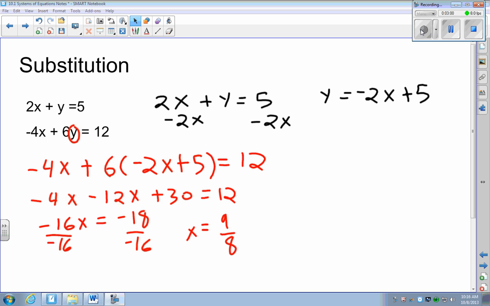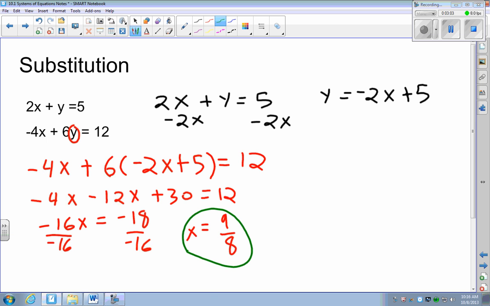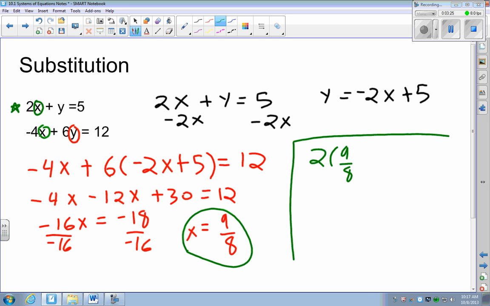All right, so now that we have our x, we have to figure out what our y is. So we throw the x back into our equation. Or you can even throw it in this one. I'm going to choose the top one just because it looks easier. Okay, so then we'll have 2 times whatever x was, which is 9 over 8, plus y is equal to 5.